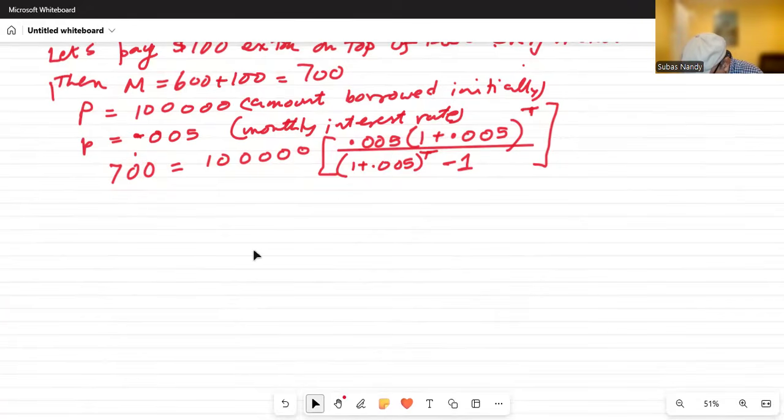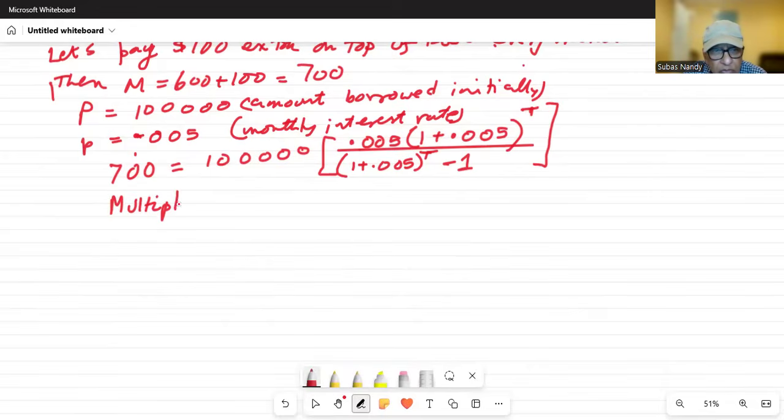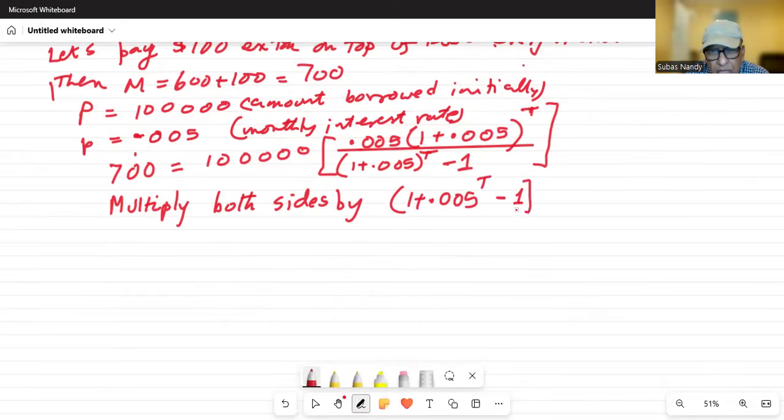So what I will do is multiply both sides by the term in the denominator on the right side, which is 1 plus 0.005, that is 1.005, to the power of t, minus 1.